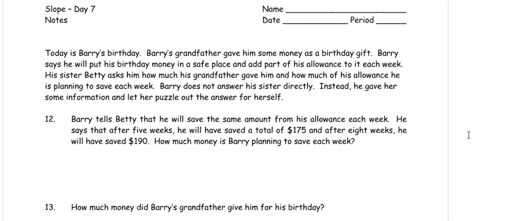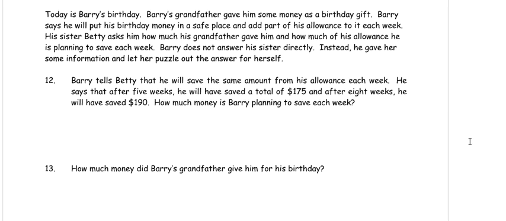Today is Barry's birthday. Barry's grandfather gave him some money as birthday gifts. Barry says he will put his birthday money in a safe and add part of his allowance to it each week. His sister Betty asked him how much his grandfather gave him and how much allowance he's planning to save each week. Barry does not answer his sister directly. Instead, he gave her some information. Let her puzzle out the facts herself. If you want, pause the video and try to see if you can get the same answer as I do.